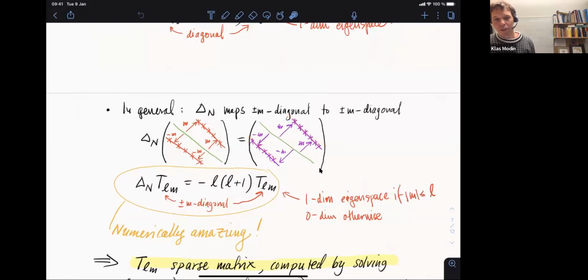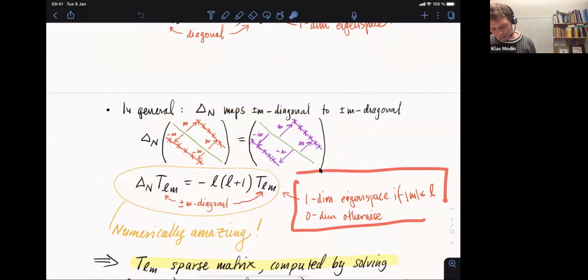So by restricting to these subspaces, we get uniquely what TLM needs to be. And we also have a nice interpretation of what m means: it means which off-diagonal you're on. So m corresponds to the diagonals of your matrix. If we restrict to these subspaces, you have only one-dimensional eigenspaces, so you can solve this uniquely.